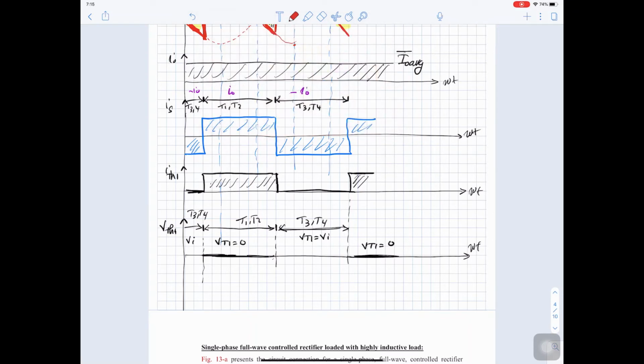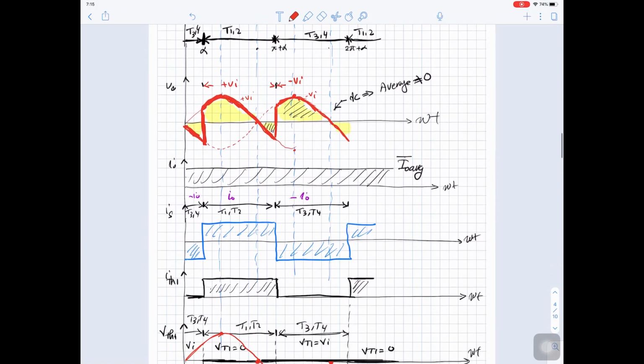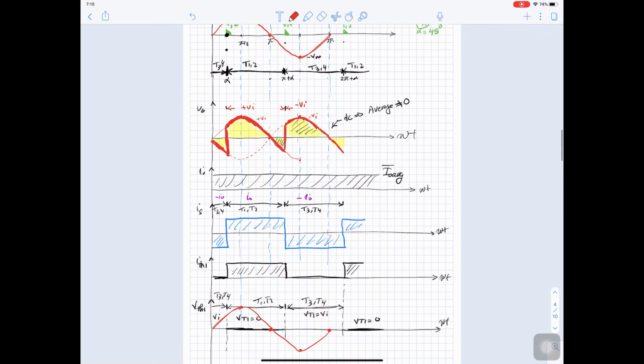So what I will do, I will sketch the sine wave. The sine wave is peak at this point, and 0 here, peak at this point, 0 here. So I'm just sketching the original V input we had before.